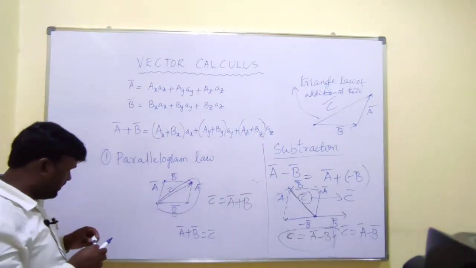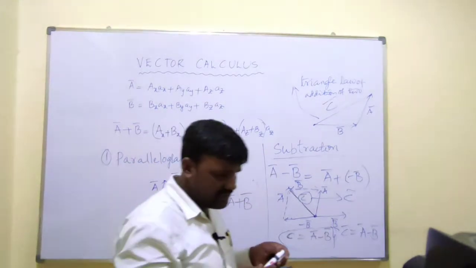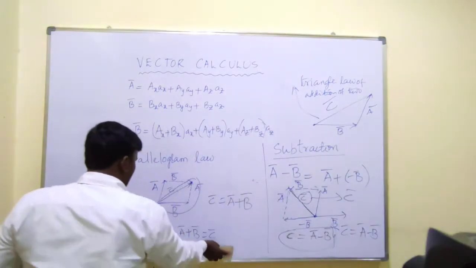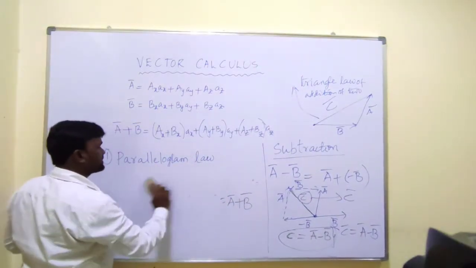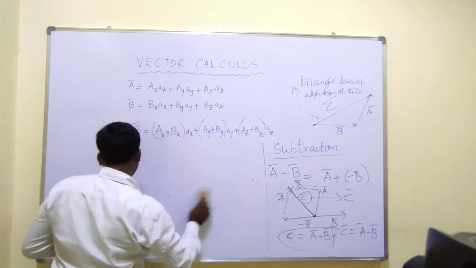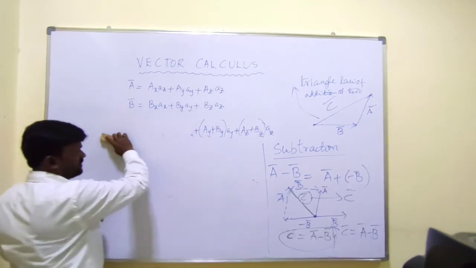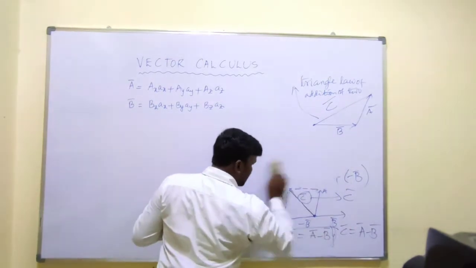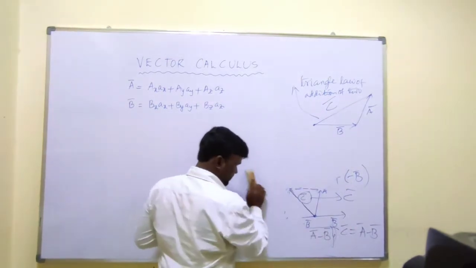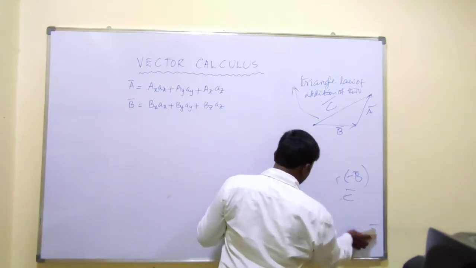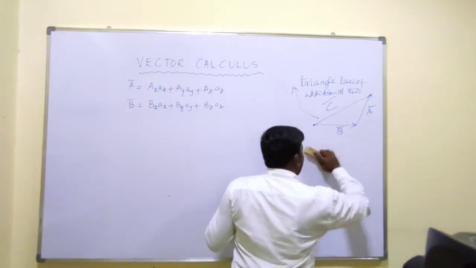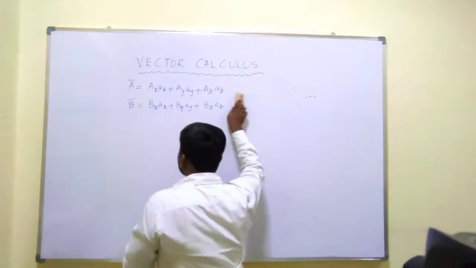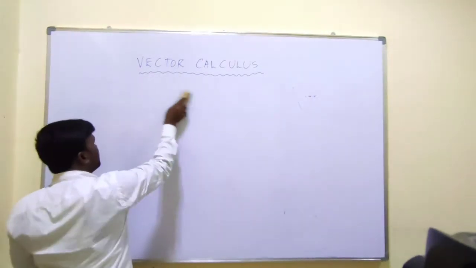Multiplication of vectors. Let us take the simple case of two vectors, a and b. How can we multiply these two vectors? We can multiply these two vectors in two ways. The resultant may be a scalar quantity, or the resultant may be a vector quantity.